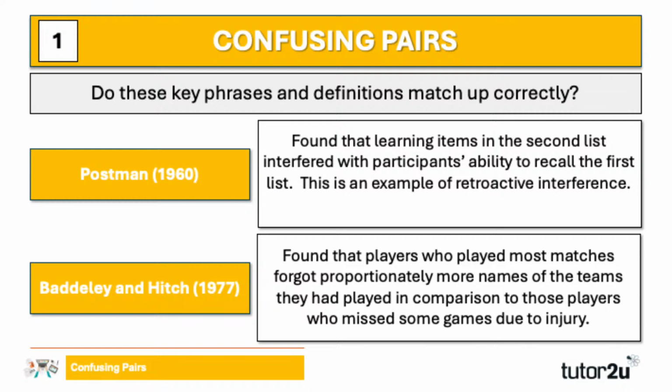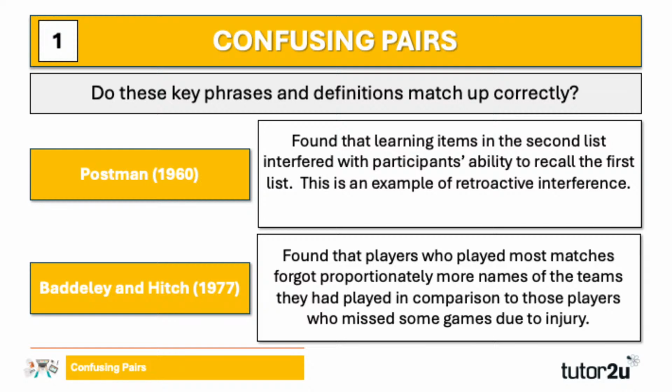Whereas Baddeley and Hitch, if you remember, found that I think it was rugby players who played most matches forgot proportionally more names of the teams they had played in comparison to those players who missed some games due to injury. Okay, so just make sure that we've got those studies the right way around. It's really the findings we want to try and remember and retain there, guys.